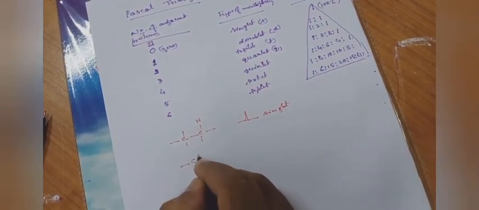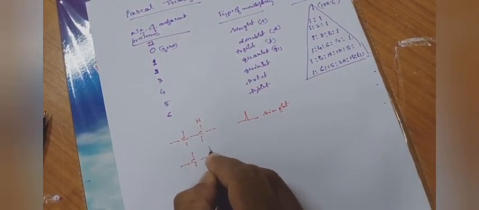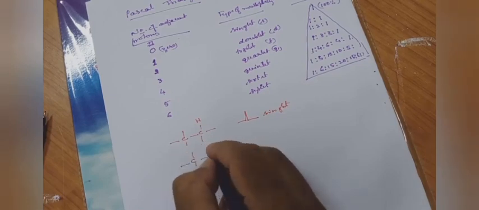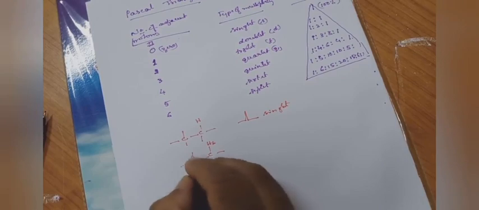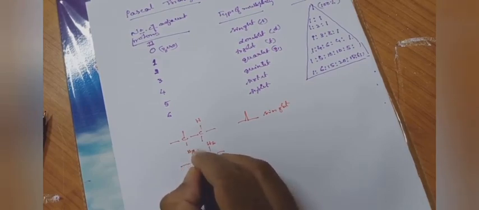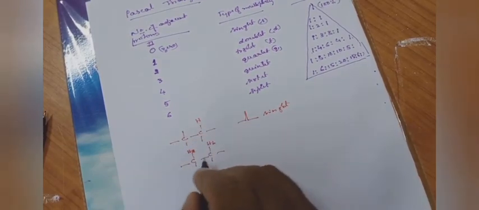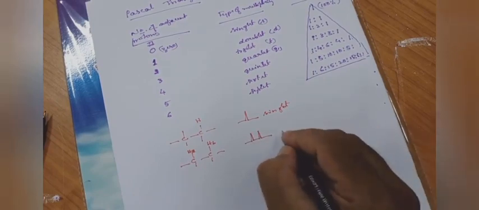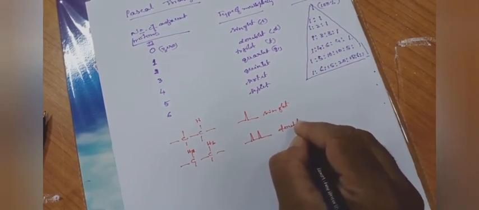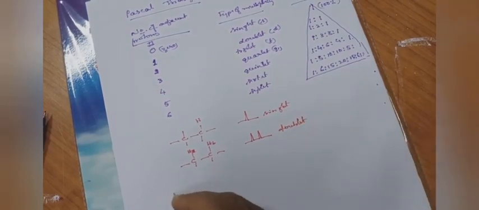And if this is the reference proton HB and there is one HA proton, then we will get a doublet.